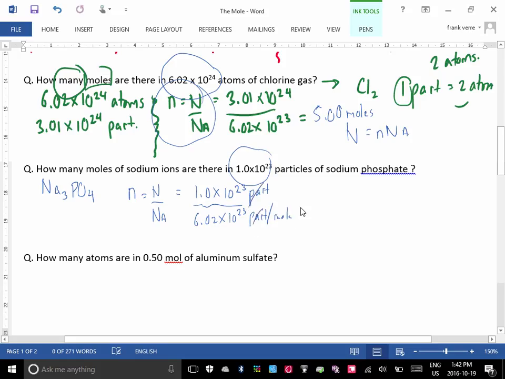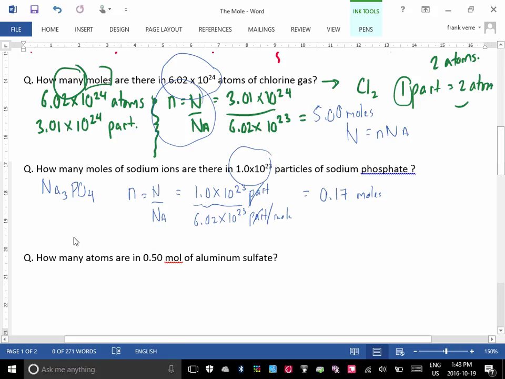So you'll be left with just moles. Okay? So what is little n? Should be like 0.1 something. 0.17, is it? Okay. Moles. But that's the number of moles of sodium phosphate. The question is asking us for the number of moles of sodium ions.